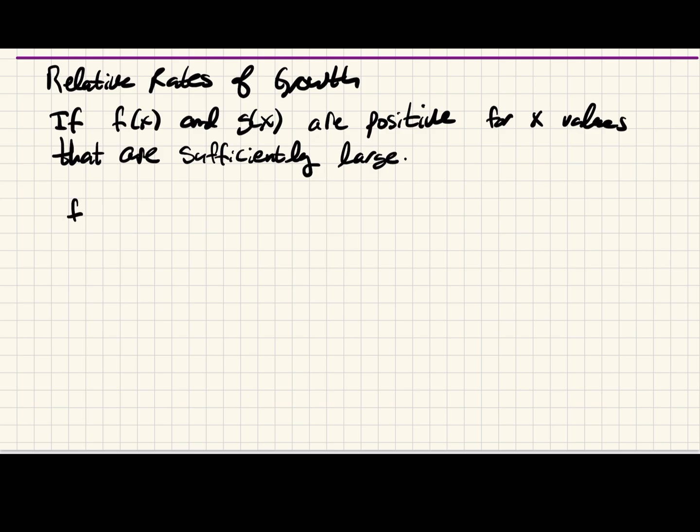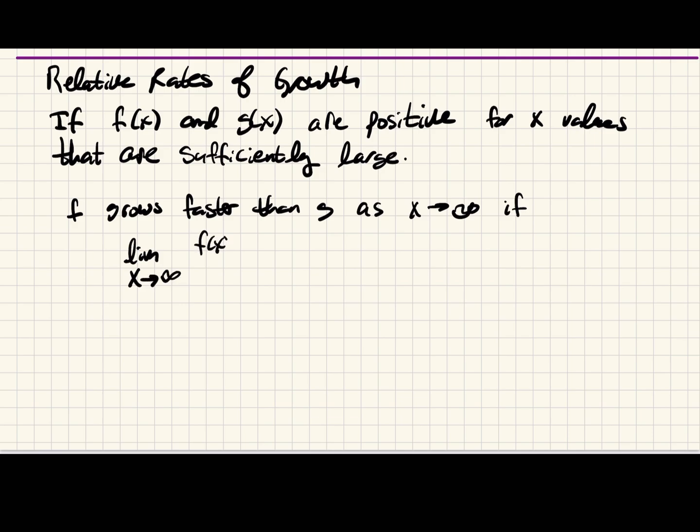We're going to say that f grows faster than g as x goes off to infinity if the limit as x goes to infinity of f of x over g of x is equal to infinity.